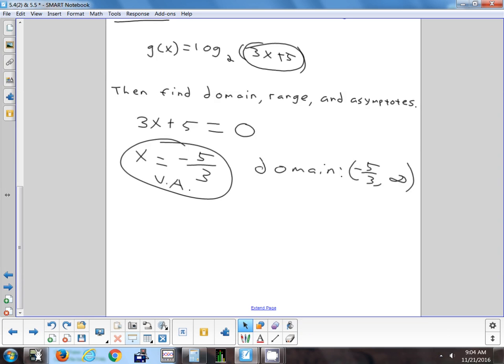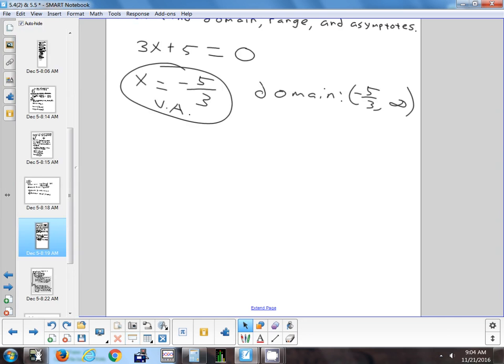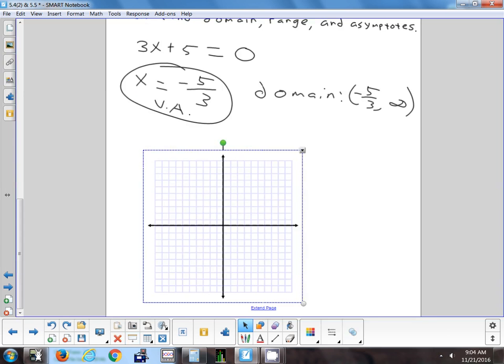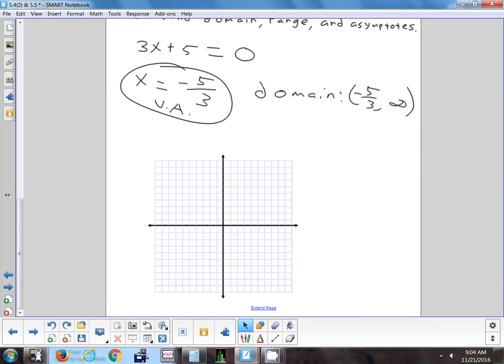Okay, so now I'll make my sketch. Put a line. What is negative 5/3 roughly as a decimal? Yeah, about negative 1.6. So the best we can, just put a line right about there.